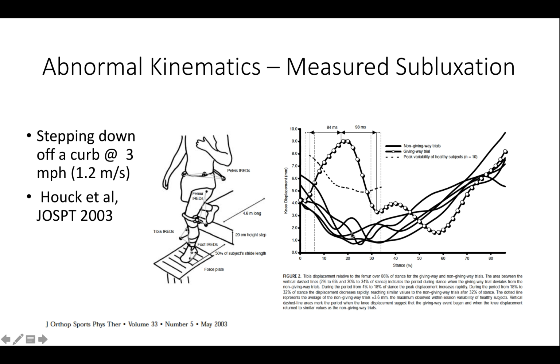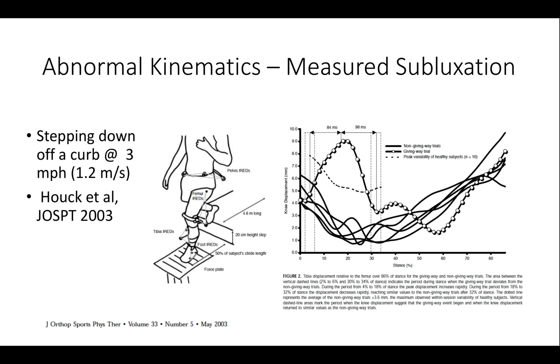The black lines are the trials where there was no subluxation, so we can see that the anterior displacement was less than 5 millimeters for the entire movement. But the subluxation trial, which is in circles, is clearly excessive in the anterior direction. And this was our key finding in this particular study. And so this is what a subluxation would look like.